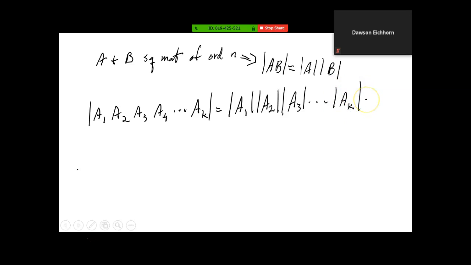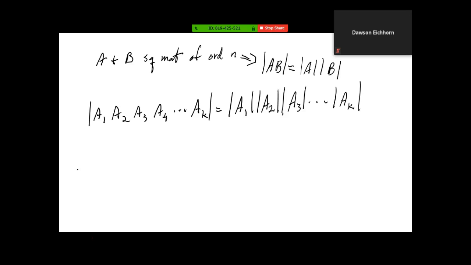It's going to be true for any number of product matrices that you have. So there's one property of determinants. It may have been a little surprising that would be the case, but it is the case.